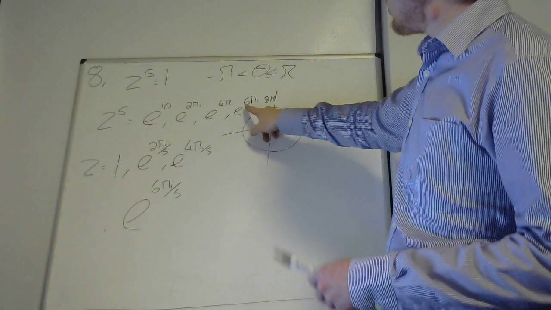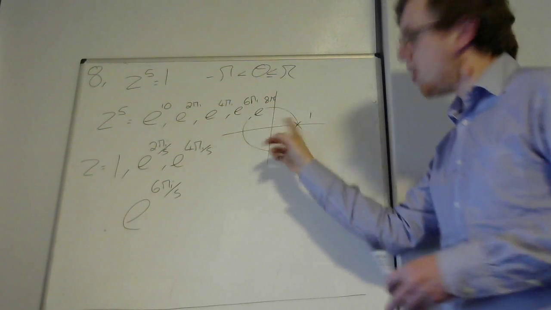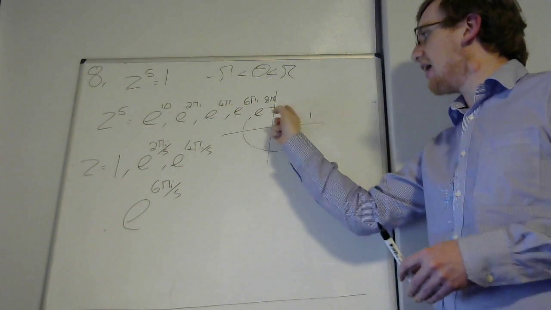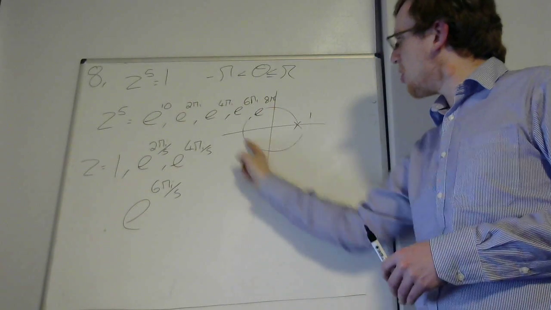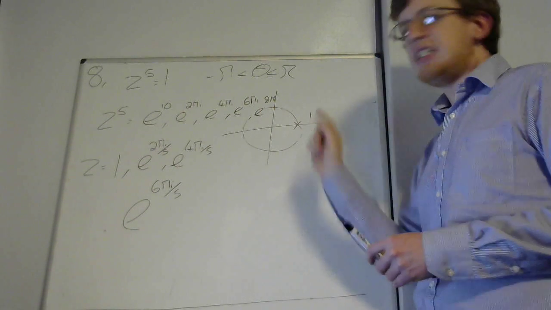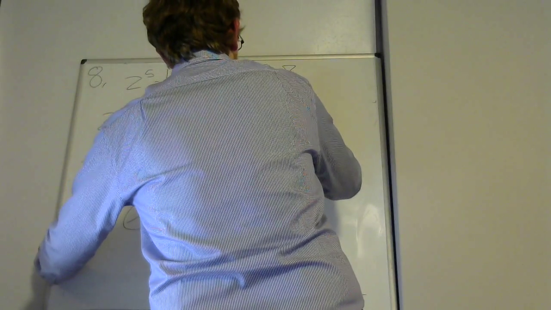So instead, we're going to change this 6 pi i, we're going to go back round the other way. Remember when we go clockwise, we take off 2 pi. So this solution isn't e to the 6 pi i, because that would be out of our range. This is e to the minus 2 pi i and e to the minus 4 pi i.